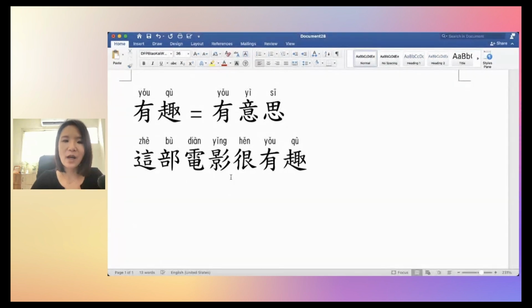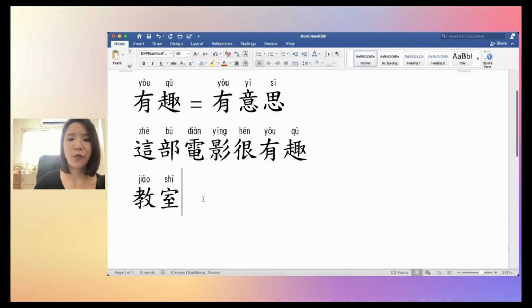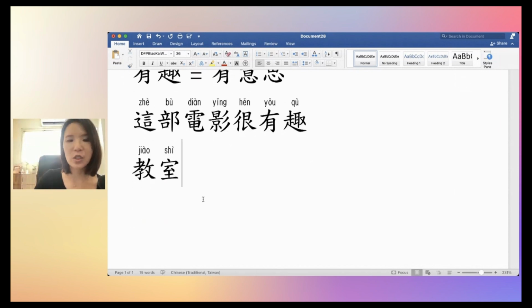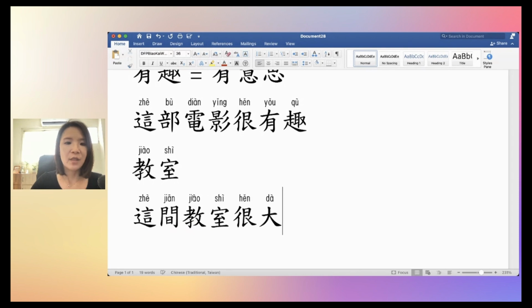And then the second one is 教室, classroom. 教室, they're both fourth tone. 教室, classroom. For example, I could say 这间教室很大. This classroom is big. So 间, of course, you see the measure word for 教室.